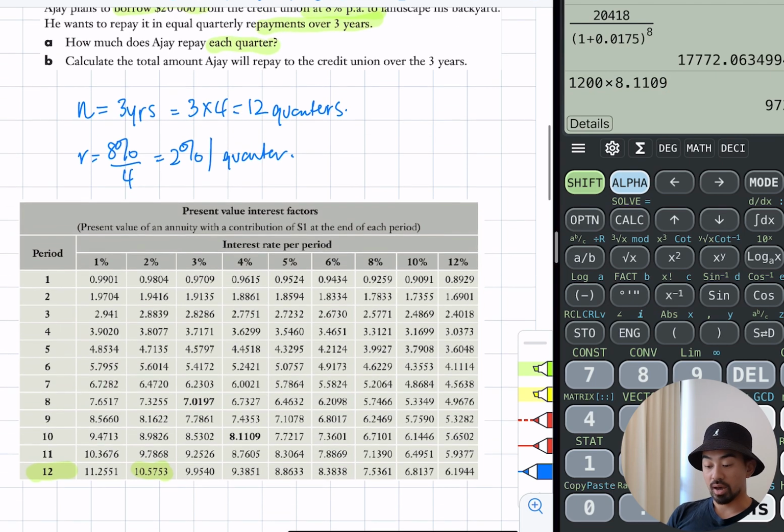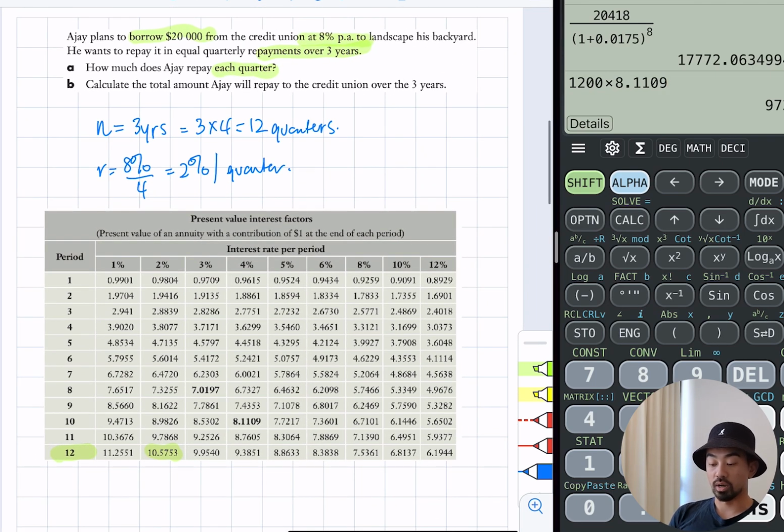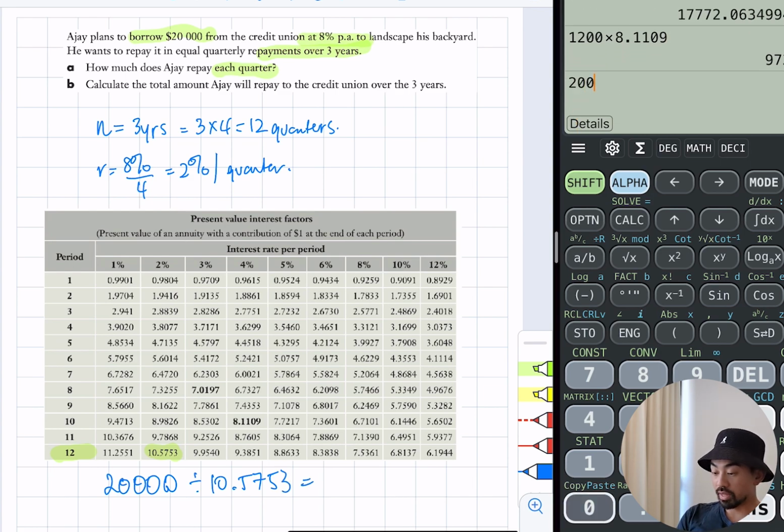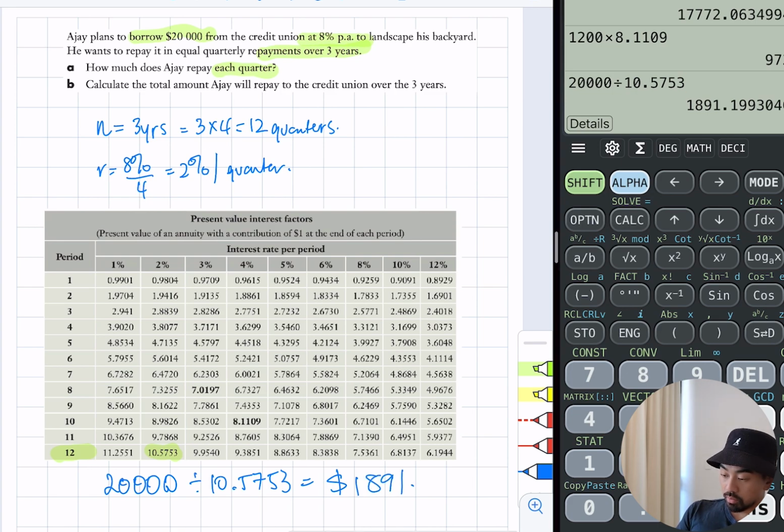Now, if we want to work out how much he needs to repay each quarter, I actually have to get the 20,000, and I need to divide that by the interest factor, 10.5753. So putting that in the calculator, he needs to pay back $1,891.20 per quarter.